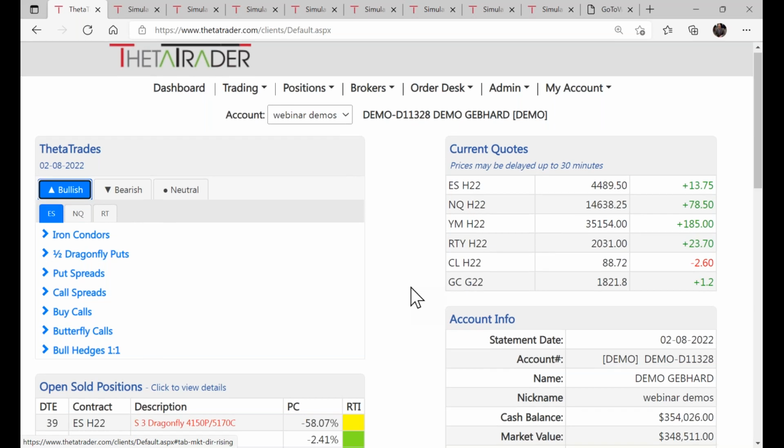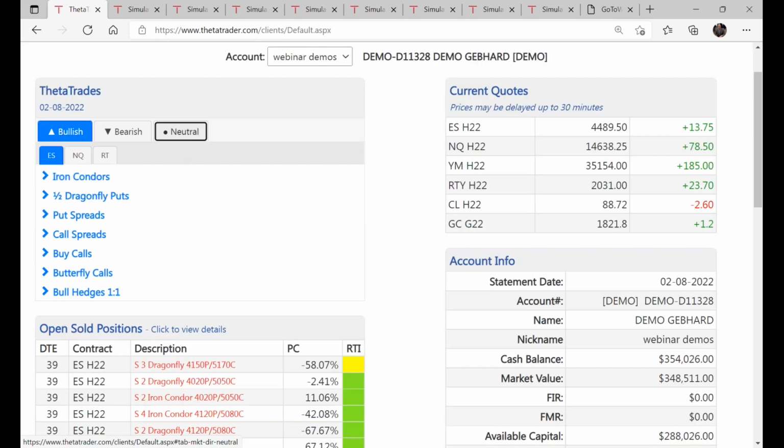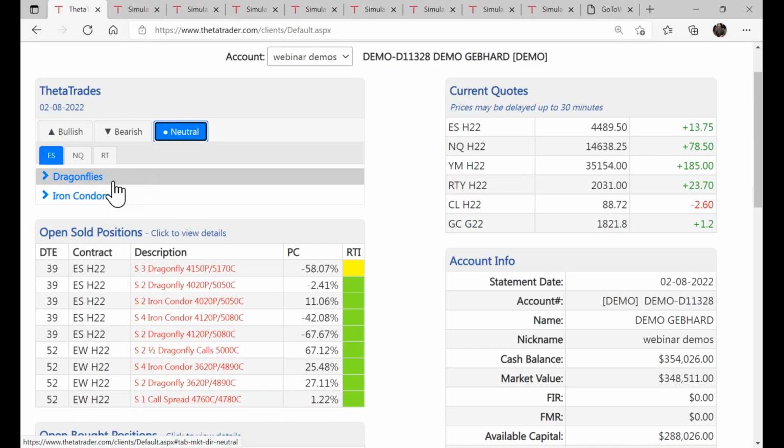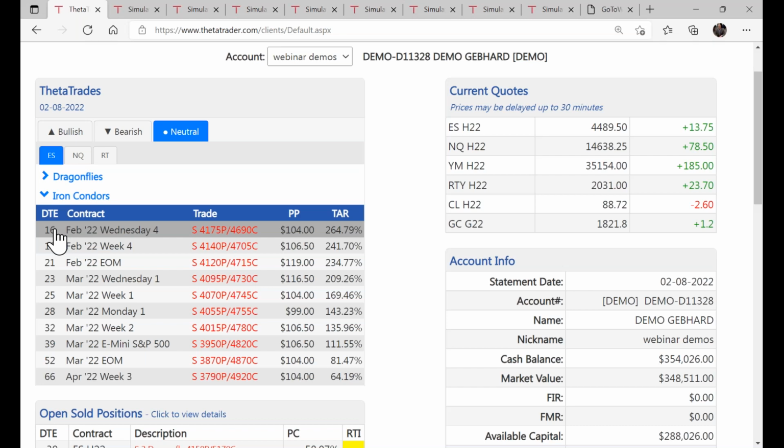And you'll notice right away, we'll go ahead and start with the neutral because we looked at condors and dragonflies. If you want to look at a condor, you'll click on that and you'll see here the algorithm computer has generated all these trades for us, anywhere from 16 to 66 days till expiration.